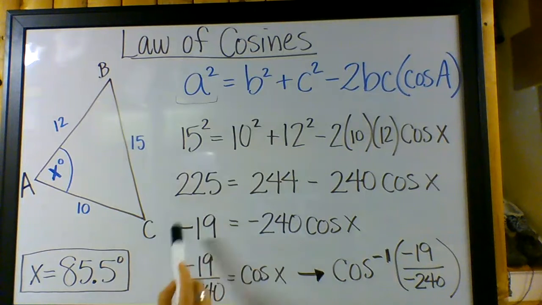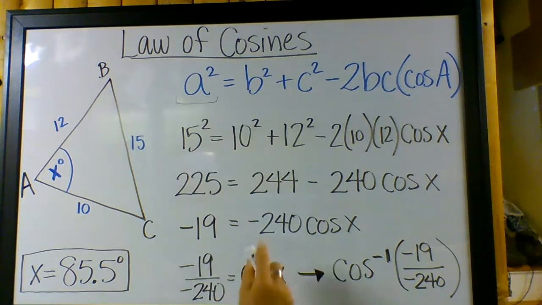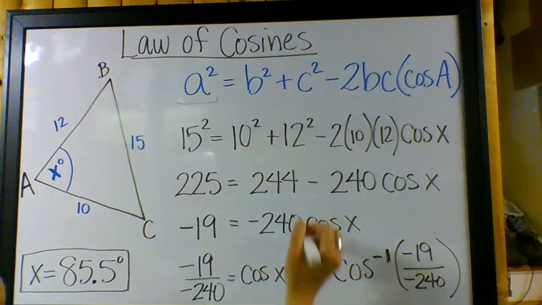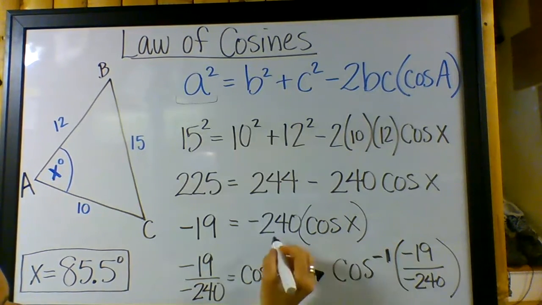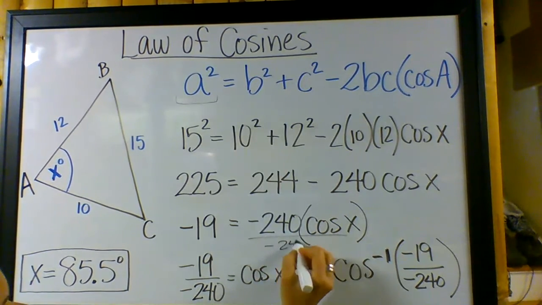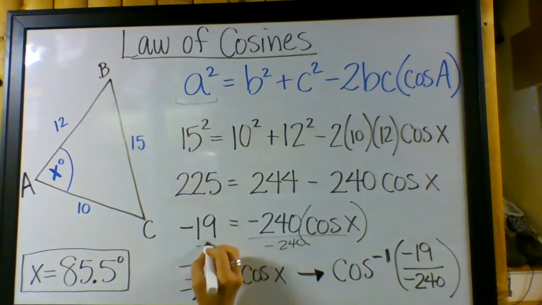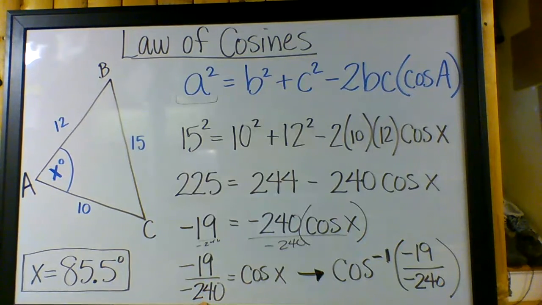I subtracted 244 from both sides. I'm looking for this right here, so I'm going to divide by negative 240, divide by negative 240. So I find out that negative 19 over negative 240 equals the cosine of x.